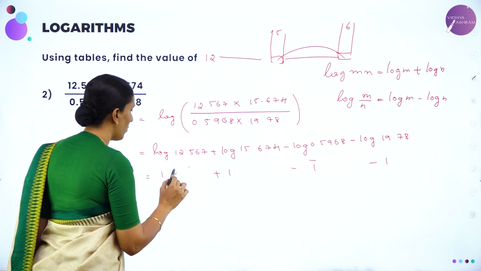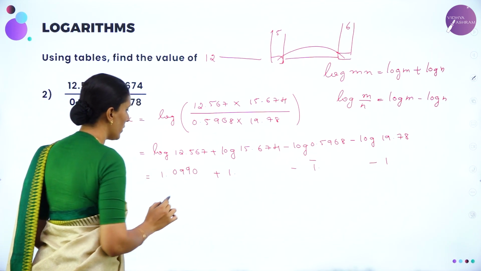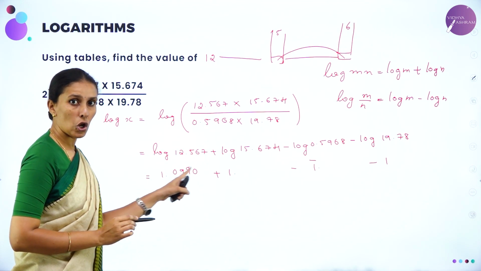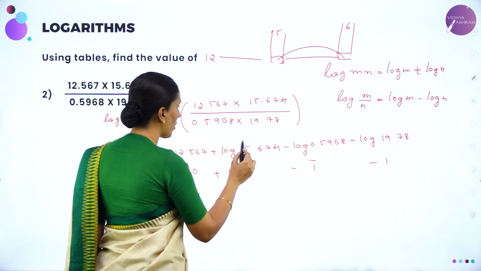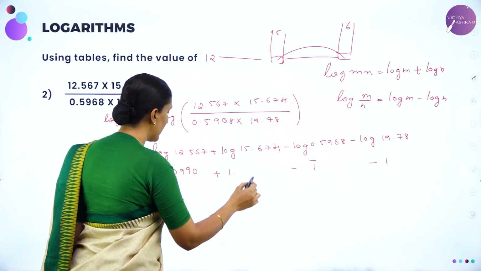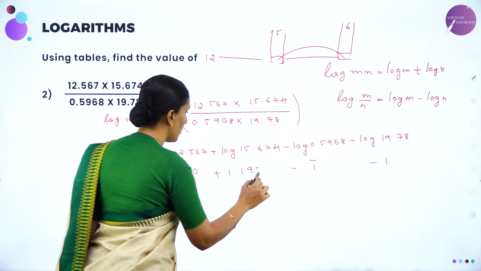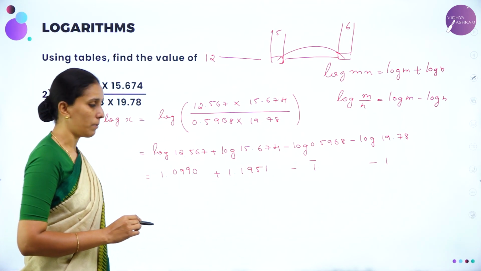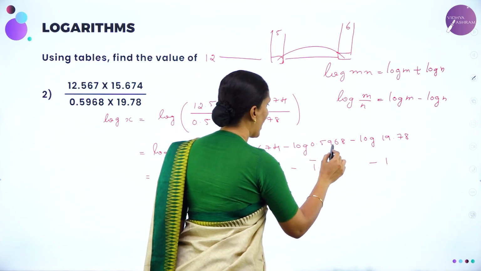So 0990 is the mantissa part using the log table here. So next for 1567, we'll get the value in the mantissa as 1951 using log table.